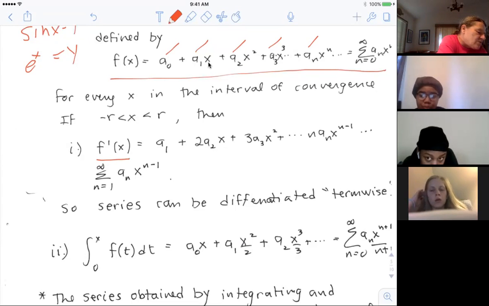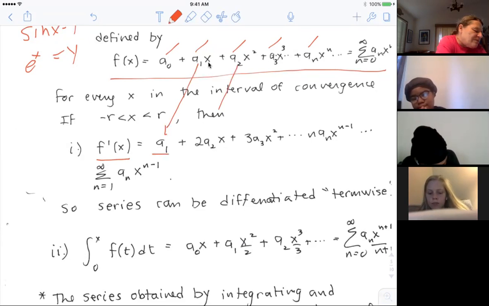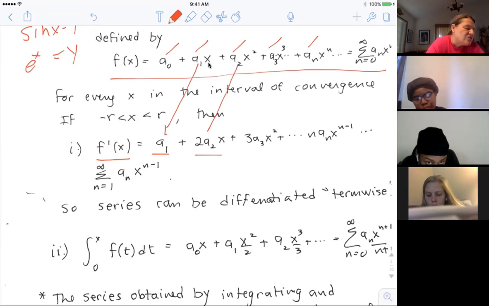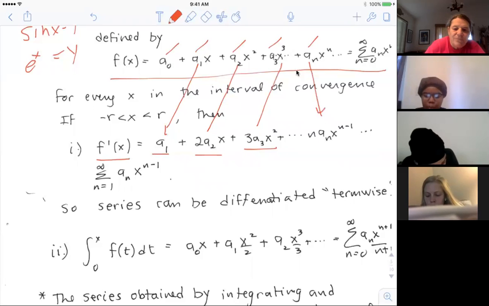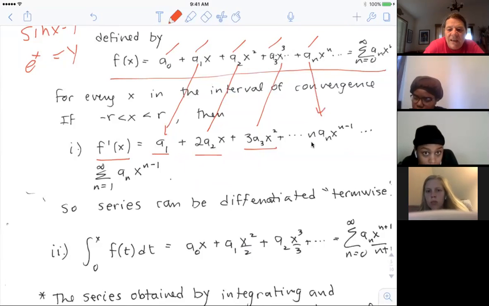Now, notice that's what I'm doing down here. I'm taking the derivative. I got a1. When I took the derivative of the x squared, along with the a2, I got 2a2x. This one right here is 3a3x squared. If I look at the last one, you'll bring down the n here, so it'll be n a(n) x to the n minus 1.